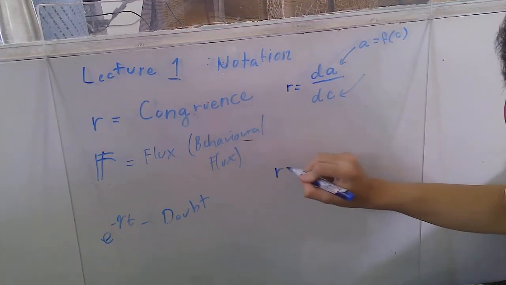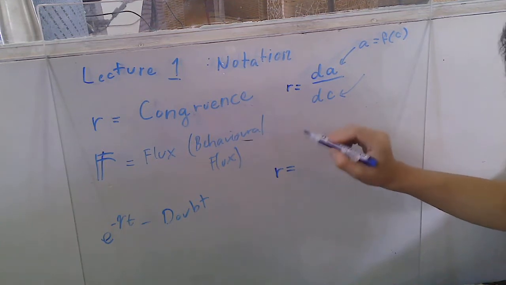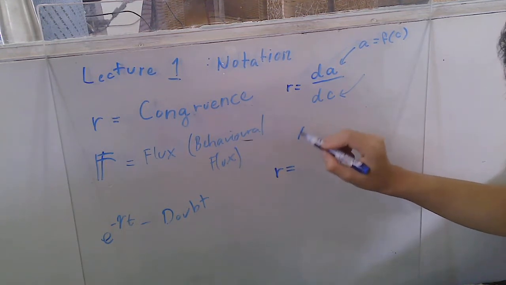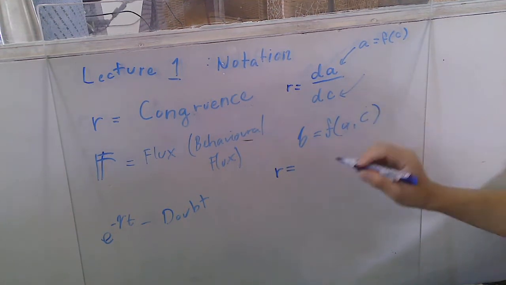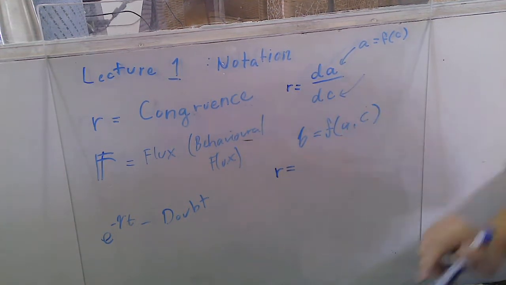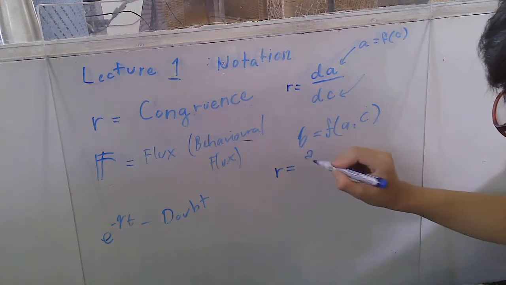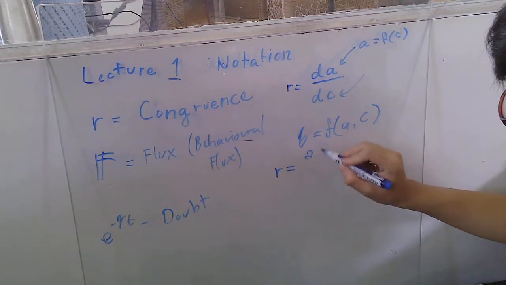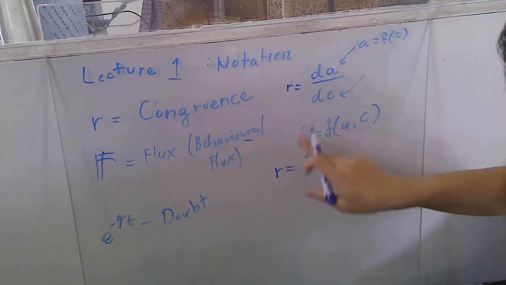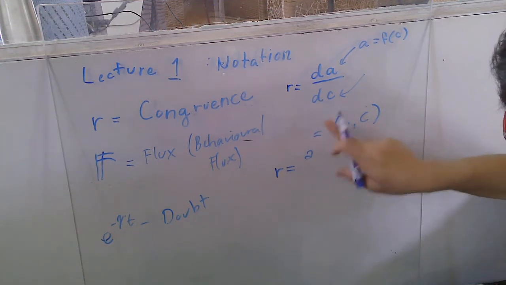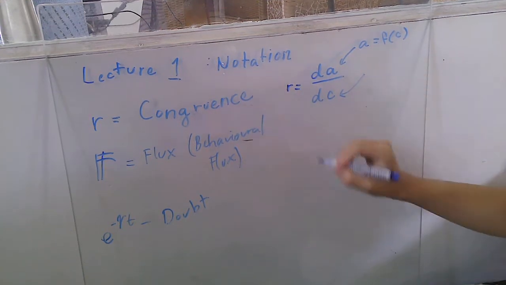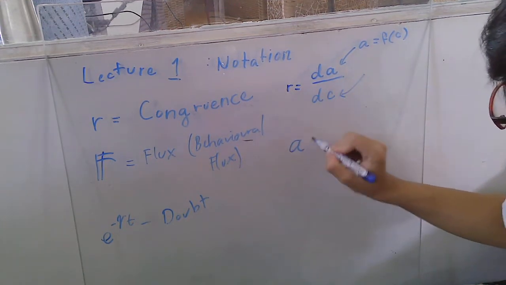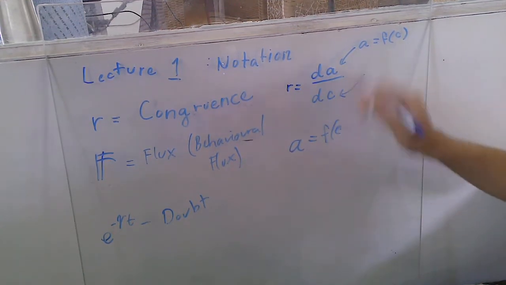So congruence, if you have a multivariable function, let's say B, the behavior, which is a function of A and C, the appearance and the decision, then R is the partial derivative of B with respect to A. If A is a function of C, this one holds.